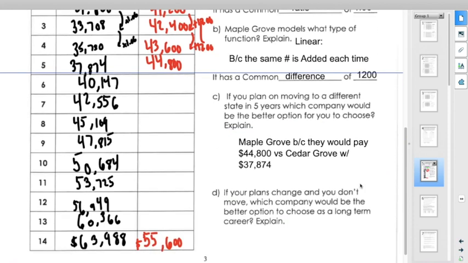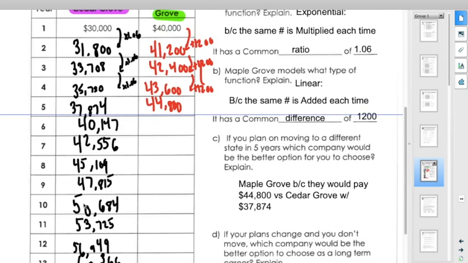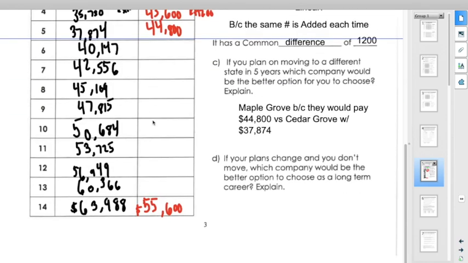That's easy. Part D. If your plans change and you don't move, which company would be the better option to choose as a long-term career? Well, let's look all the way down to year 14. That's a pretty decent amount into your occupation. Year 14. At Cedar Grove, I'm making almost $64,000 compared to Maple Grove, which is making $55,000, a $9,000 difference.